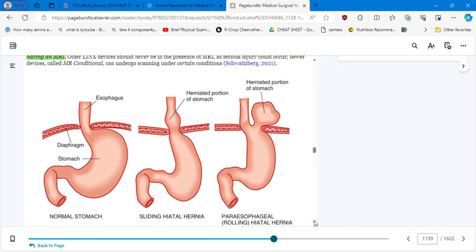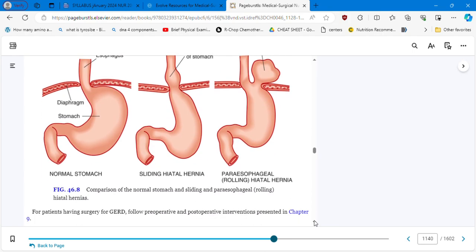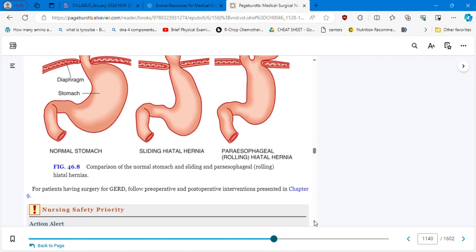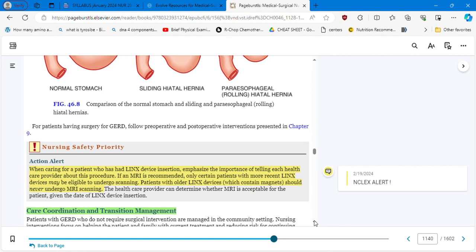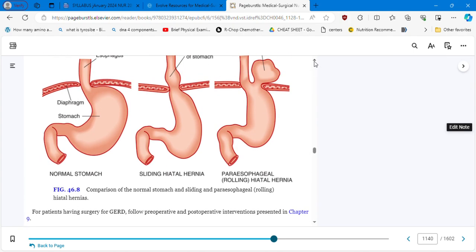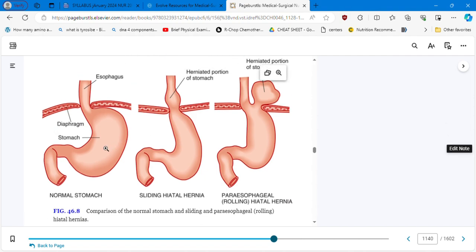Okay, here they are showing us pictures of hiatal hernia. We are continuing with GERD, but let me describe this a little bit. You have your normal stomach here, the first picture on the left, and we have the diaphragm, right?